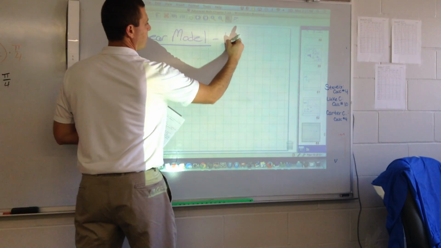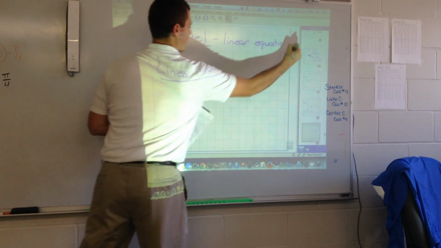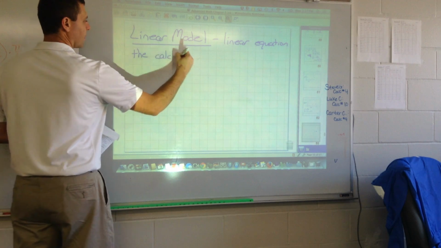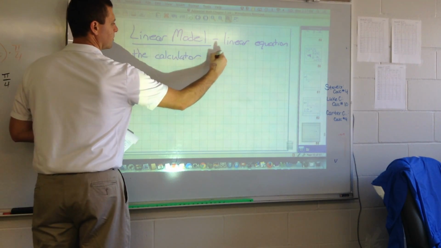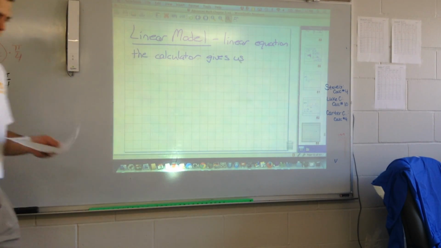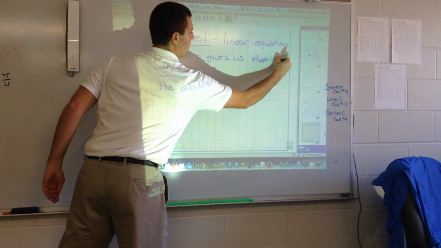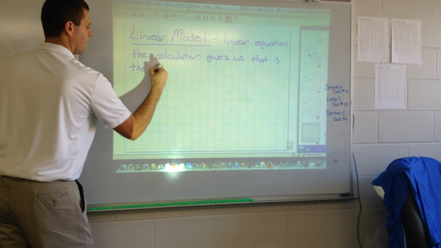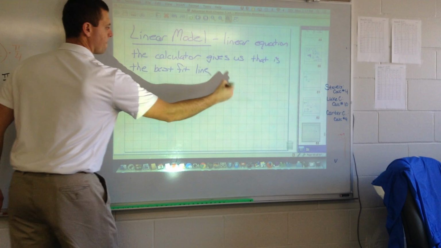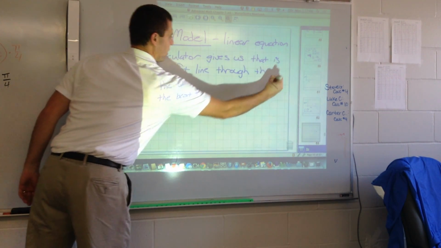And it is the linear equation the calculator gives us that is the best fit line through the middle of all the data.